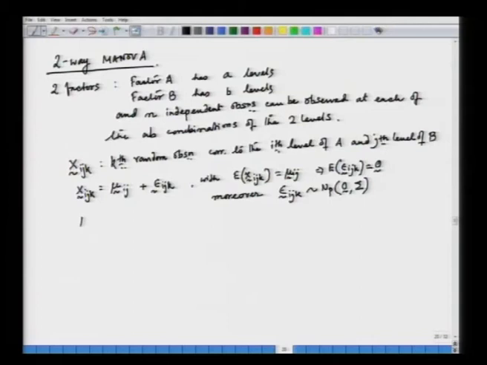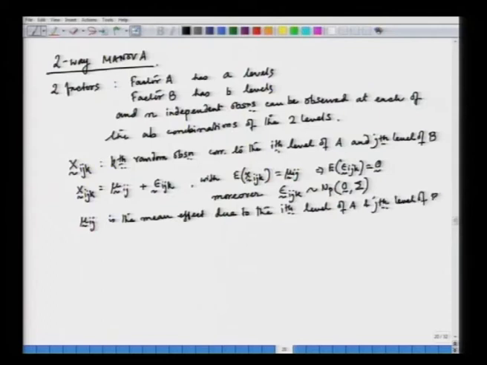This mu ij is the mean effect due to the ith level of A and jth level of B, and let us see how we handle this.